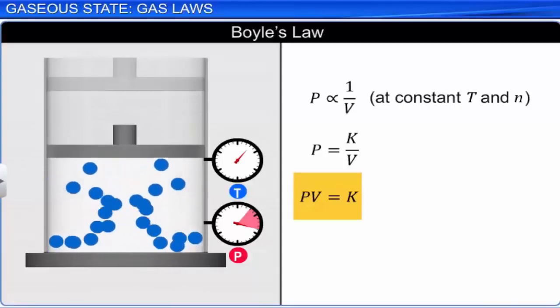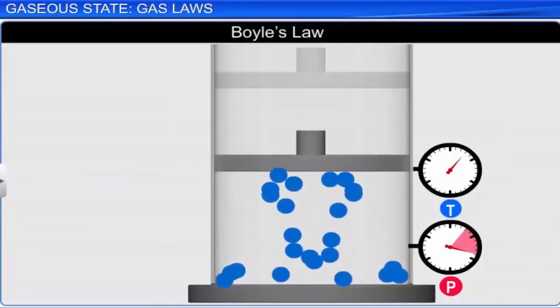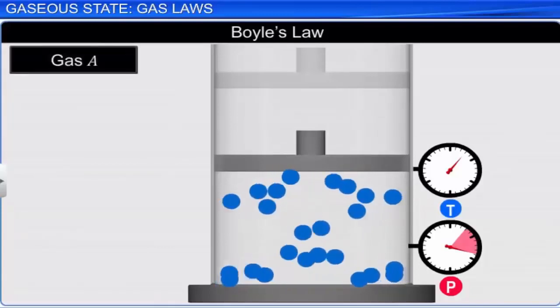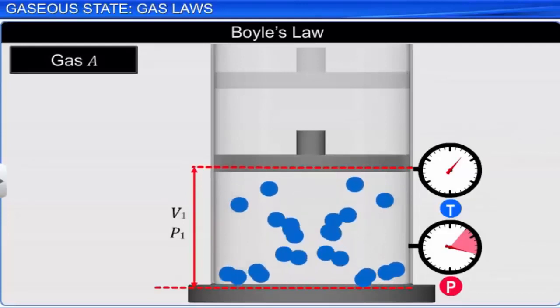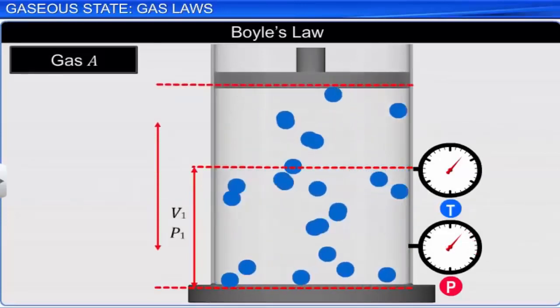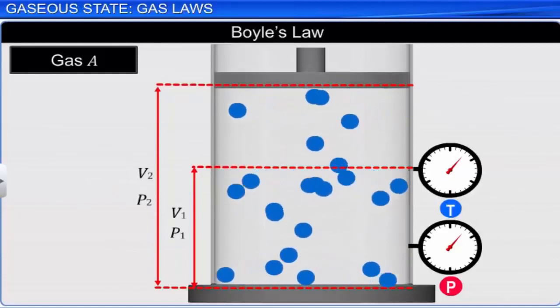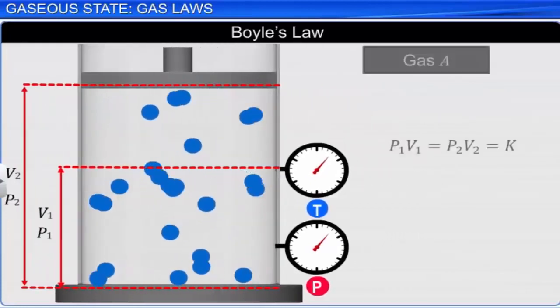For example, if N moles of a gas A occupying volume V1 at pressure P1 expands to volume V2 and pressure P2 at constant temperature, then P1V1 = P2V2, which is constant.